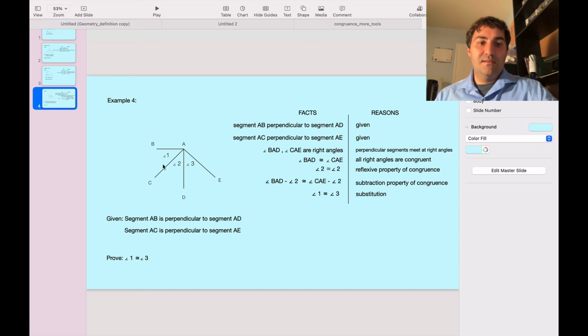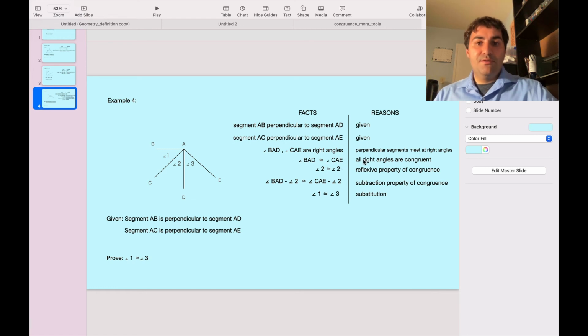And since segment AC is perpendicular to segment AE, then angle CAE is a right angle. So we know from properties of congruence that all right angles are congruent. So angle BAD is congruent to CAE.